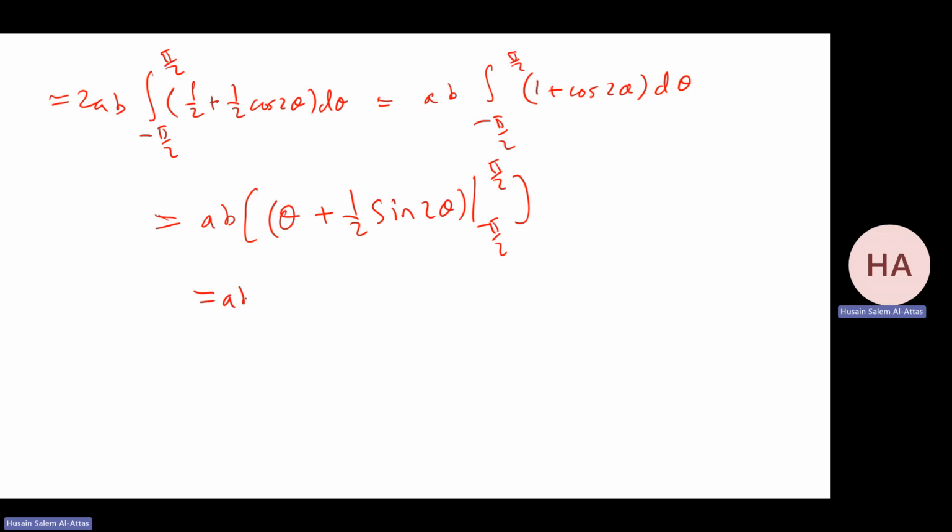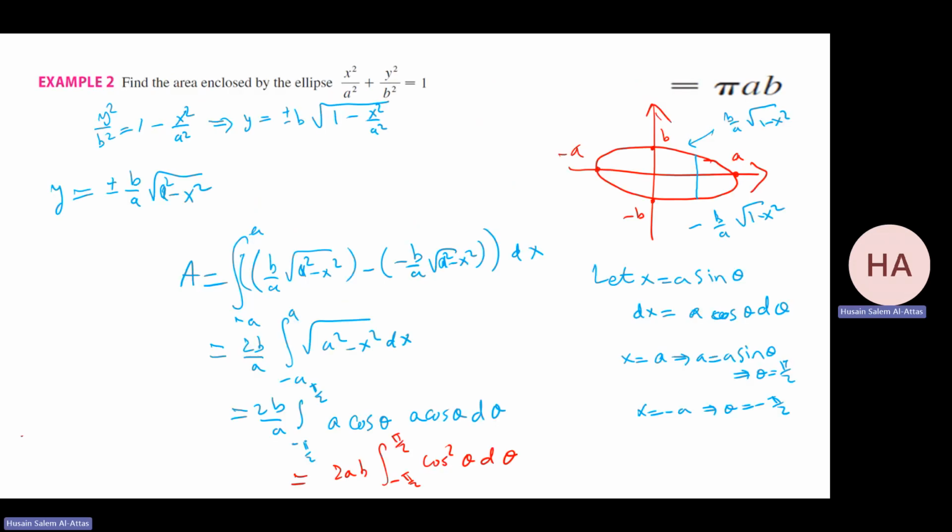That gives me ab pi over 2, but sine pi is 0. Minus, this is minus pi over 2, sine of minus pi, which is minus sine pi, which is 0. So I have pi ab, which is the answer.